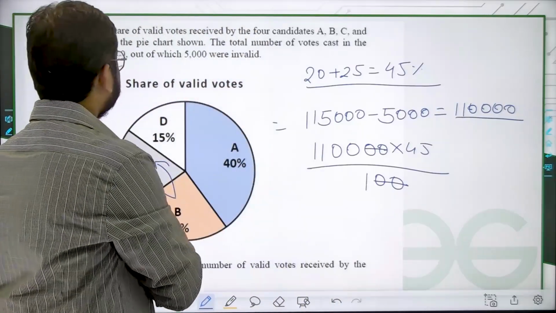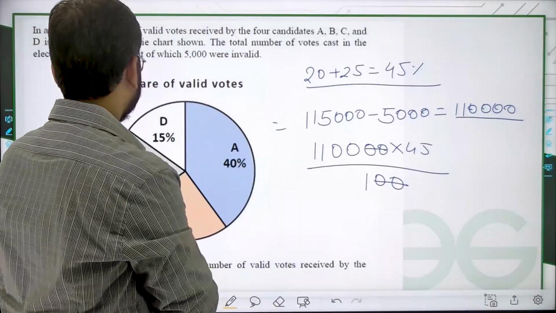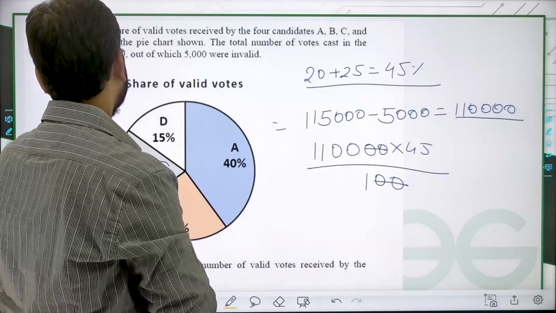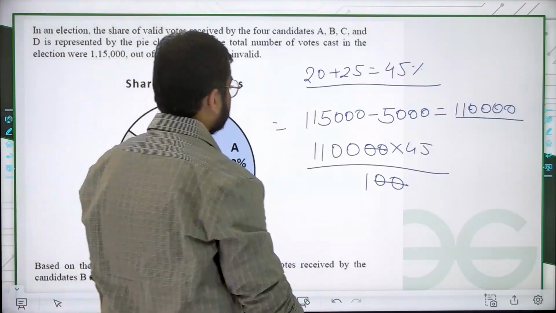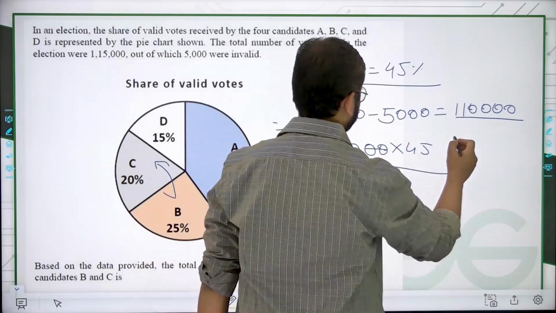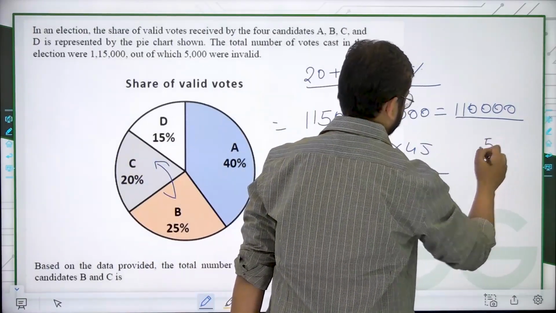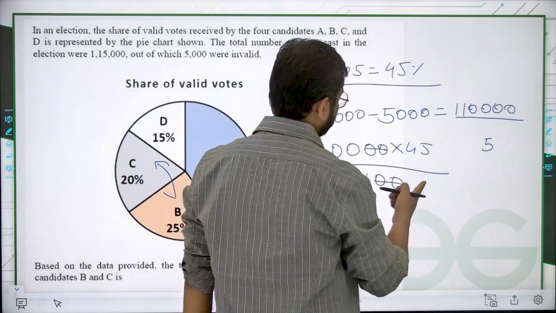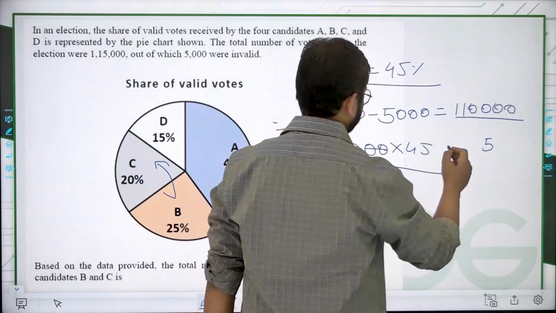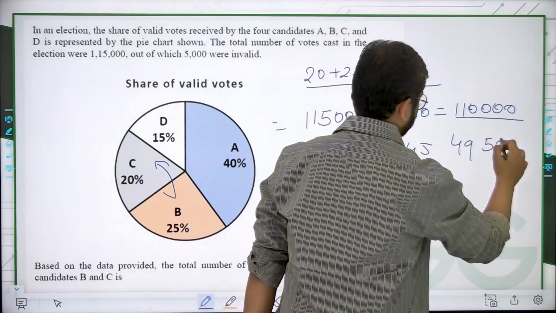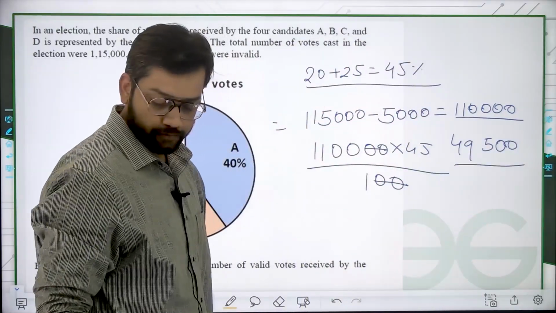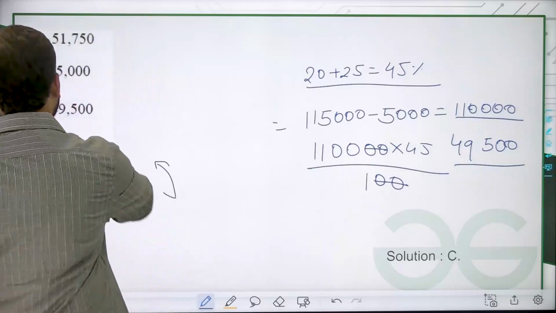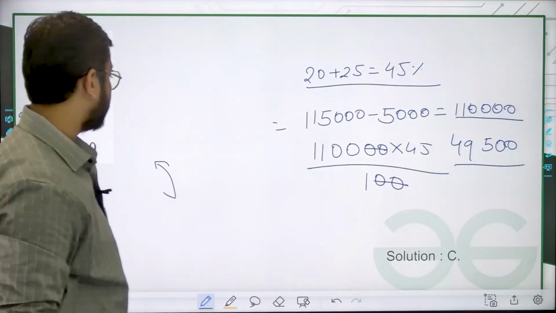They are asking the total number of valid votes received by B and C. Solving this, it is 49,500. Just simple mathematics. 49,500. Option C is the correct option for this.